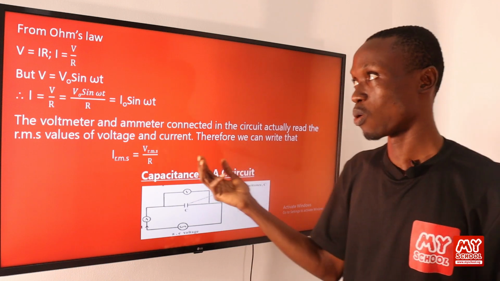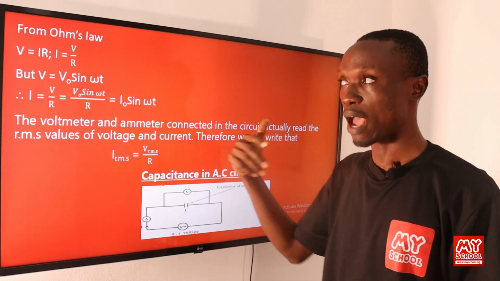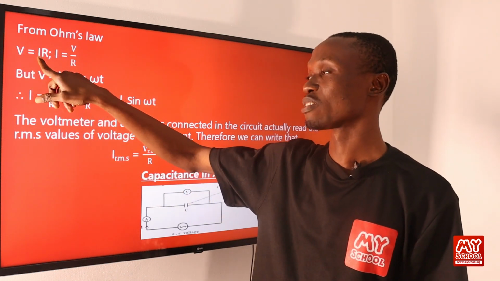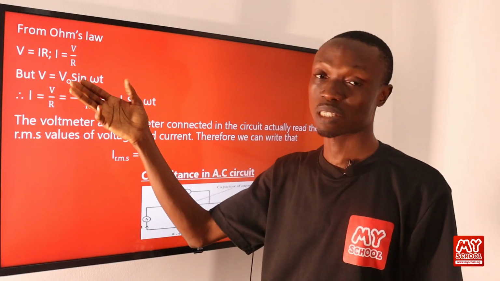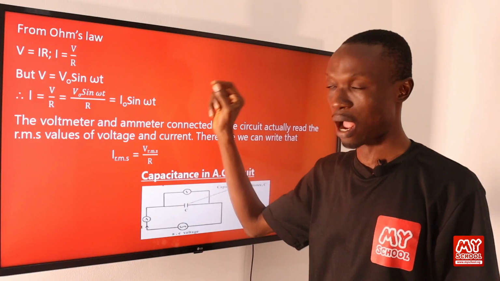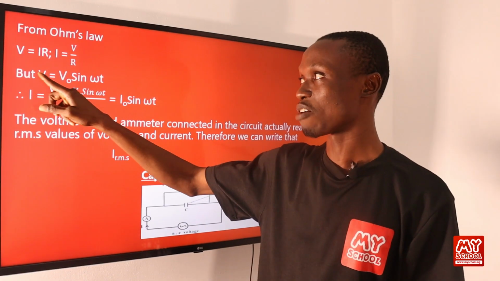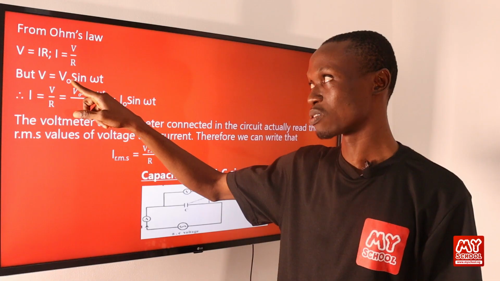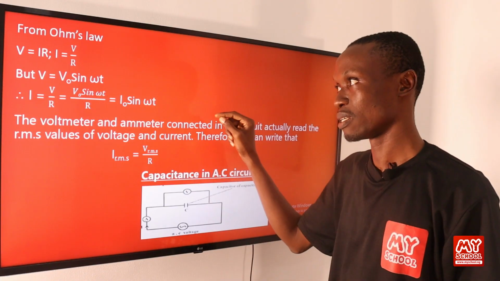From Ohm's law, we know that V is equal to IR. Here we can make I the subject of the formula by simply dividing both sides by R. So I now becomes V over R. But remember that V is equal to V naught sine omega t.